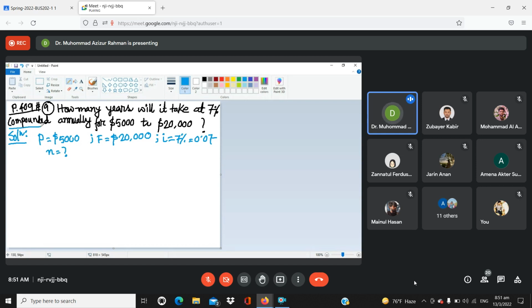Since it is compound interest, we follow the formula F equals P times 1 plus I to the power n. We put in the values: F equals 20,000, P equals 5,000, 1 plus 0.07 to the power n.